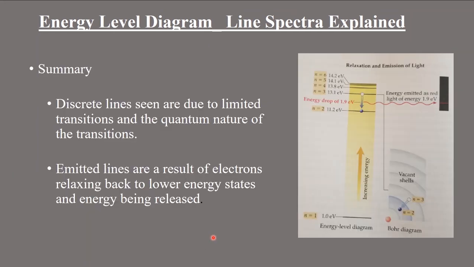Let's see how Bohr's model explains line spectra. Discrete lines in the spectrum of hydrogen are due to limited transitions and the quantum nature of the transitions. The emitted lines are a result of electrons relaxing back to the lower energy states and energy being released.